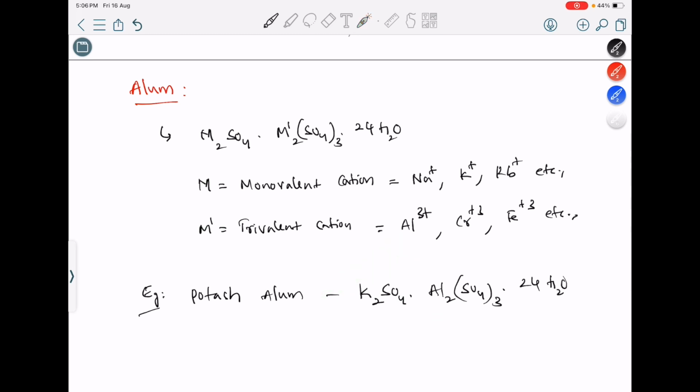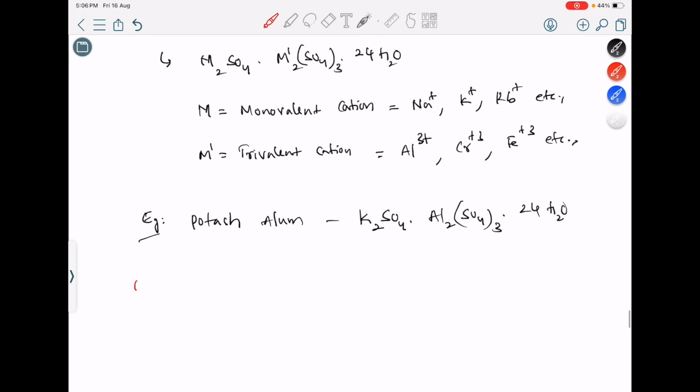Now, this is all about identification of an alum. Now the question is, how do we name an alum? Let us see how we name these alums.